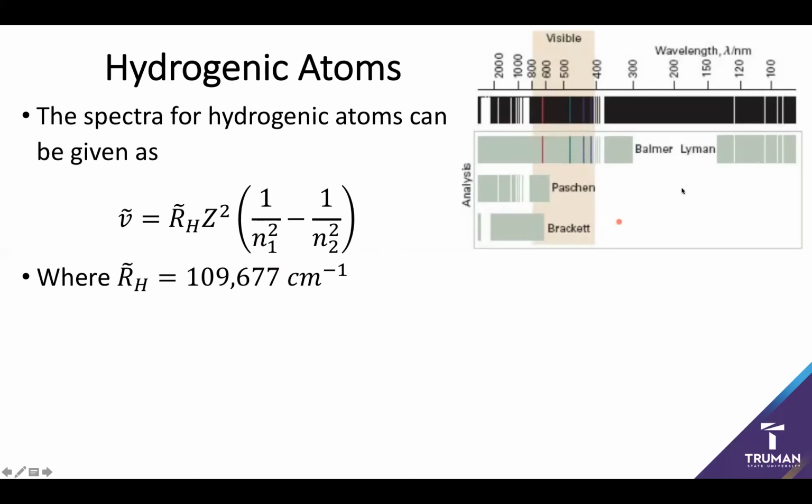If we are in the Lyman series, we're exciting from ground state hydrogen, which shows up deep in the UV region. And if we're exciting from the n equals 3 state, instead we see spectra occurring in the IR, or for n equals 4, in the deep IR. So this is actually fairly useful.